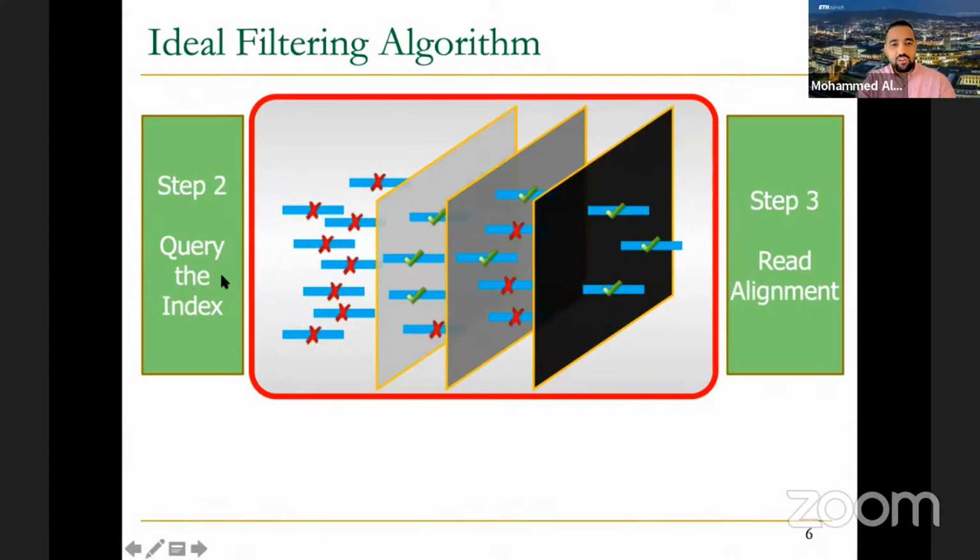So we change read mapping in a way that after you find the match or the seed hits using the hash table or the index you favor, we add the pre-alignment filter.